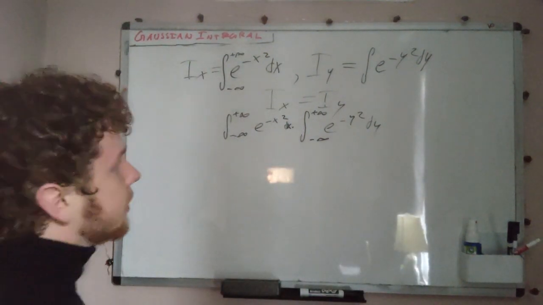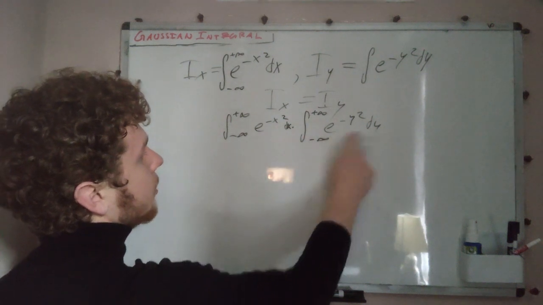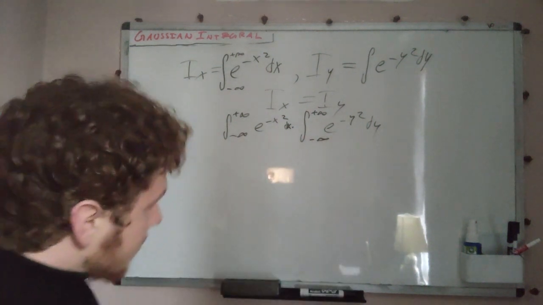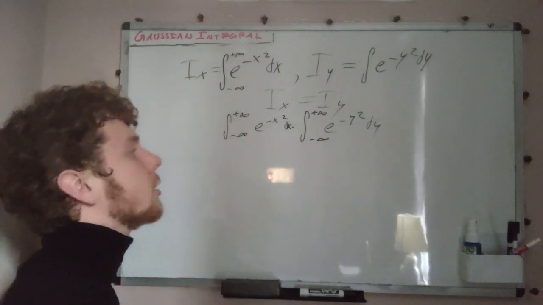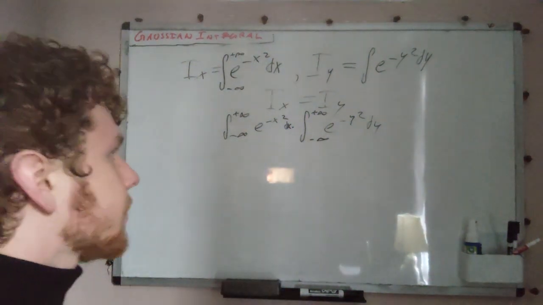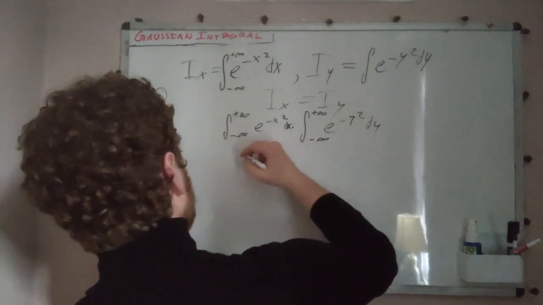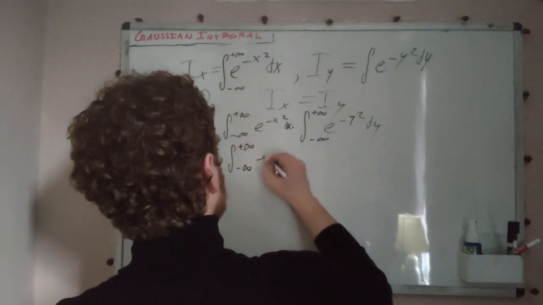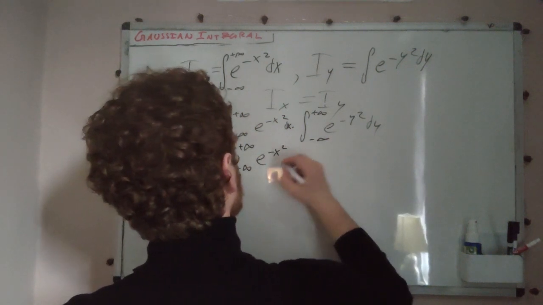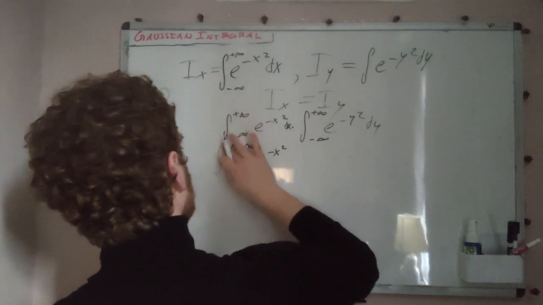Now, both of these functions are integrable on the same domain of negative infinity to positive infinity. So we can rewrite this as a double integral with the same domain. Sorry, I forgot the first one.